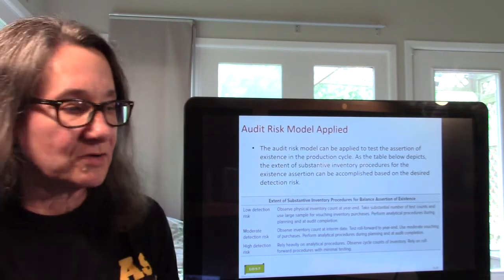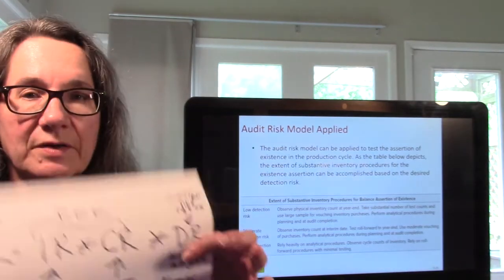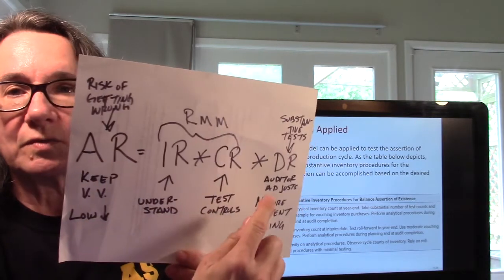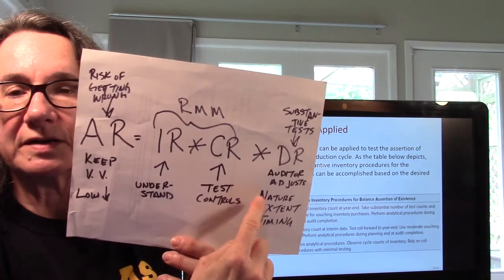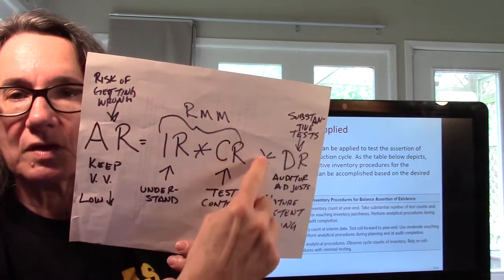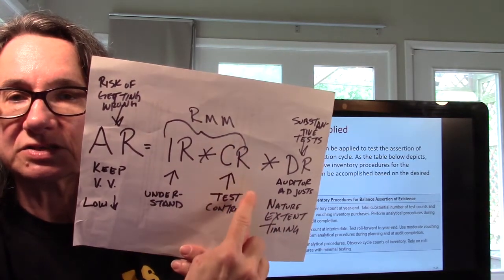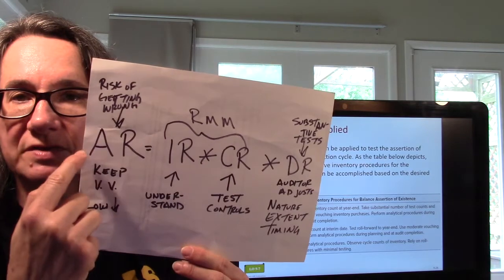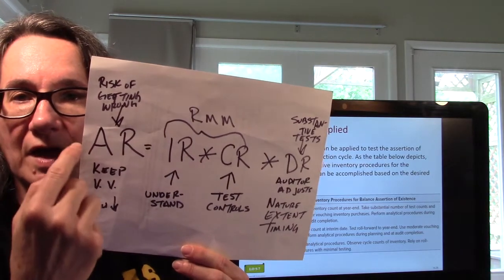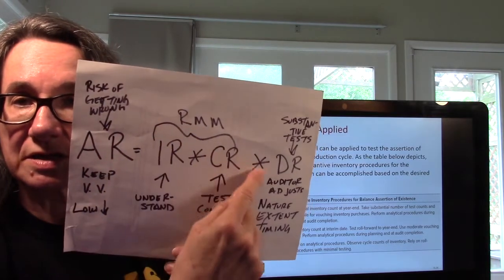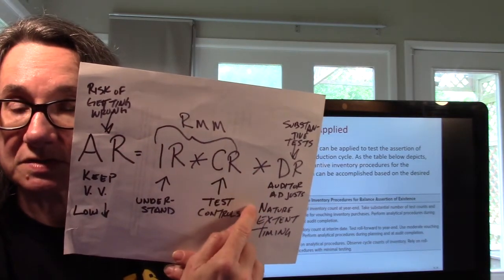Little reminder of how the audit risk model works, although I know in this class you guys know. When you're down here on detection risk, you are responsible for adjusting detection risk to keep audit risk very low, right? So the higher the risk of material misstatement is, the lower you need detection risk to be.